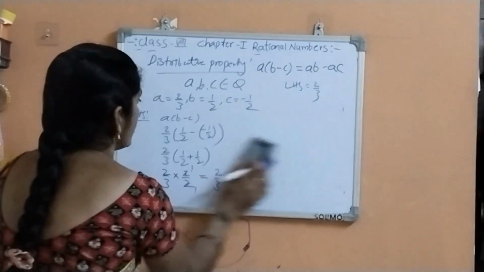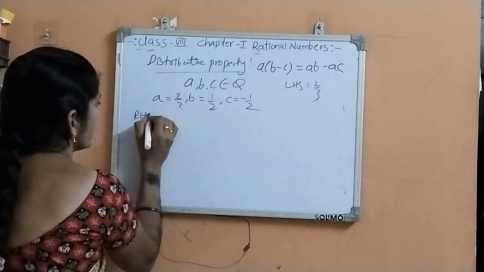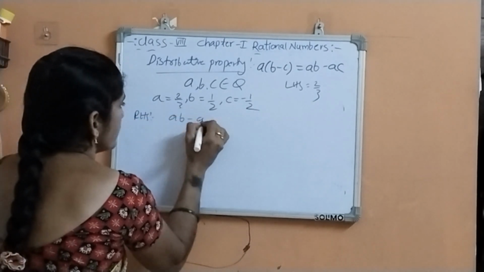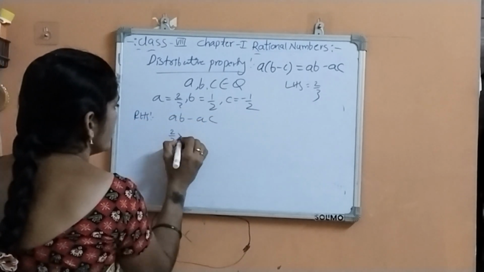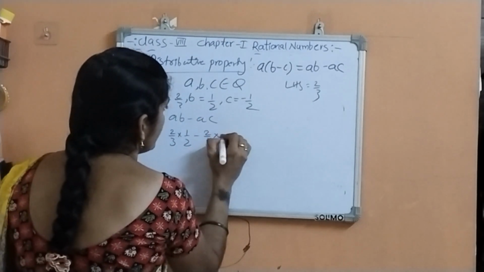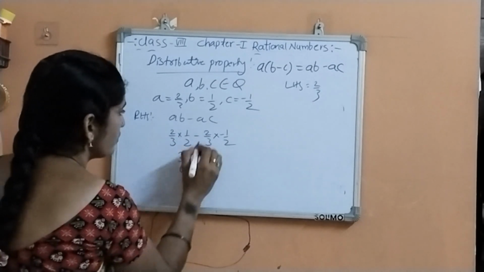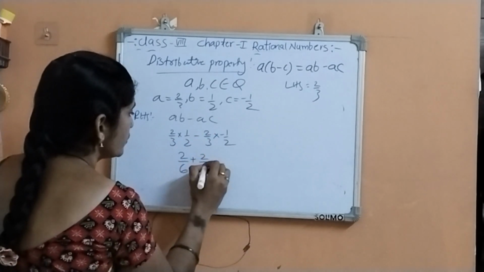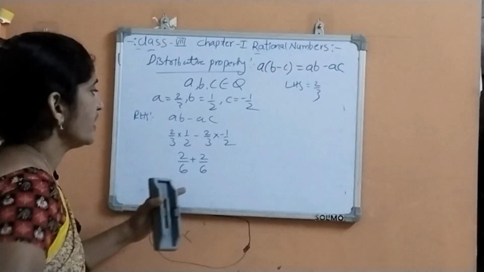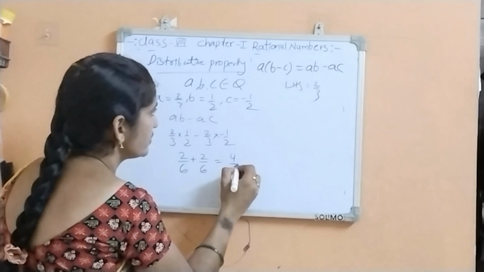Now we are going to check the RHS: ab minus ac. a means 2 by 3, b means 1 by 2, minus a means 2 by 3, c means minus 1 by 2. So 2 ones are 2, 3 twos are 6, minus into minus plus, 2 ones are 2, 3 twos are 6. Directly we got like fractions, so 2 plus 2, 4 by 6.